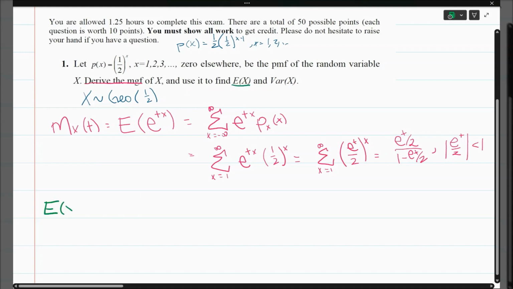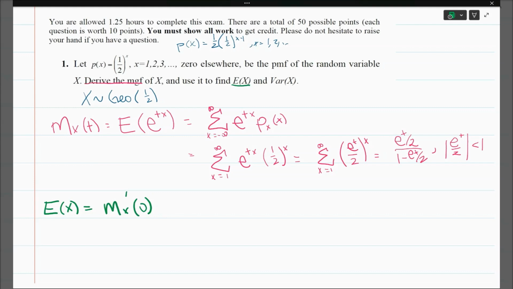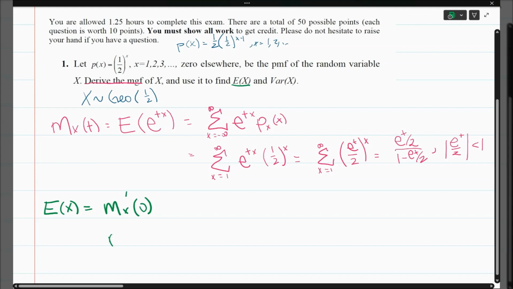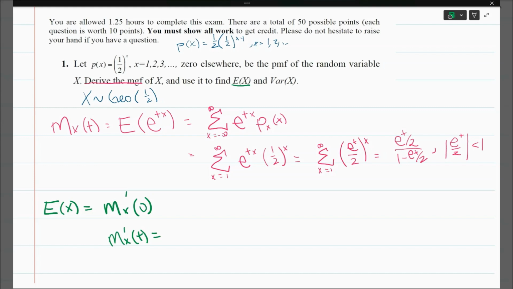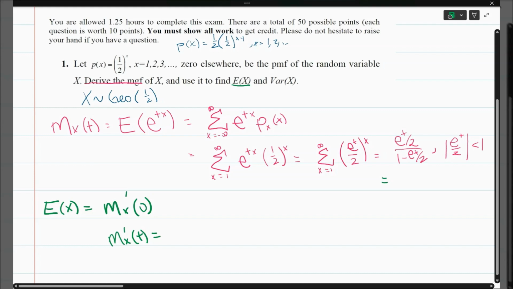We know that the expected value is the MGF evaluated at 0 once we take the derivative. Okay, and so what we'll do is we'll say that M_X prime of t is equal to the derivative of that expression. Now what I'll do real quick is multiply the numerator and the denominator by 2, just so that I don't have a fraction within a fraction situation.